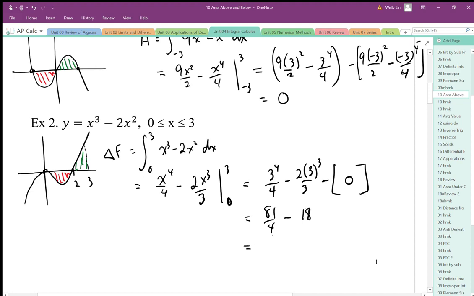When I simplify this, it's going to be 20 and 1/4 minus 18, so I'm going to get 2 and 1/4. I'll leave that as an improper fraction, 9/4. So the net displacement from 0 to 3 is going to equal 2.25, and that would be the positive area counted against the negative.